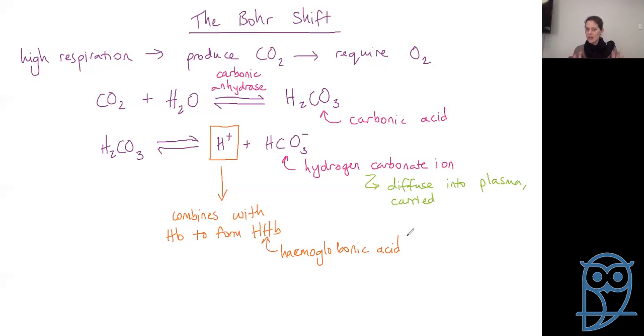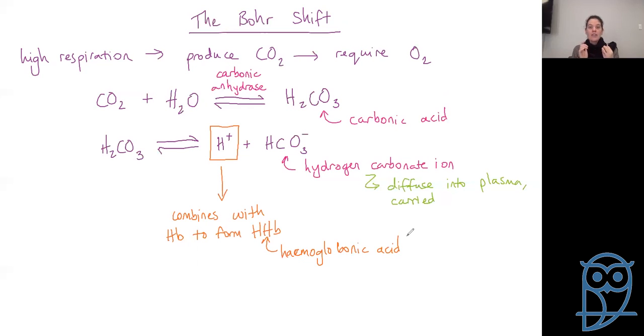Remember, there's all sorts of charge issues going on with proteins. So this nice and stable oxygen molecule is not as attractive as this hydrogen ion. So in order to bind with the hydrogen ion, the hemoglobin has got to give up its oxygen. Think about it. Carbon dioxide has led to the formation of the hydrogen ions in the tissue.